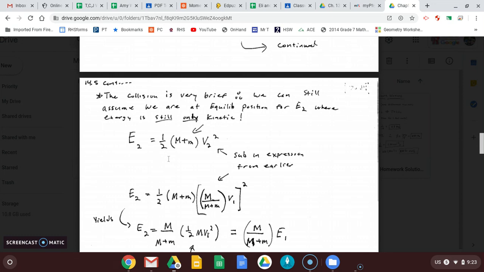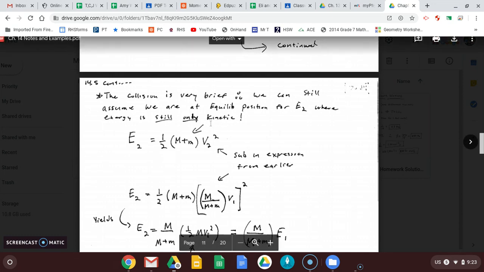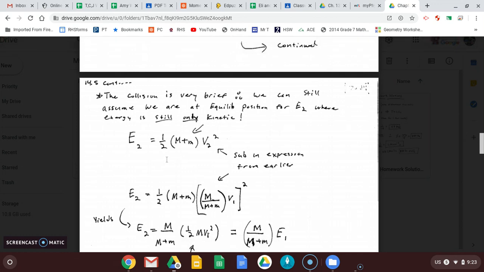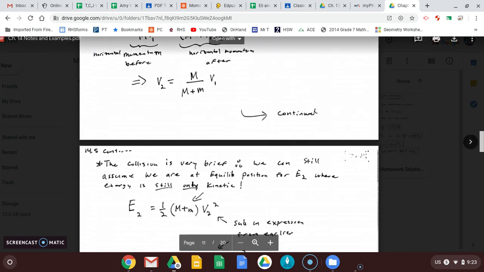So remember, due to that, it's only kinetic energy. And again, kinetic energy is 1/2 mv squared, but E2 represents after the collision. After the collision is 1/2 the total mass times this new velocity, which we found above in terms of V1.